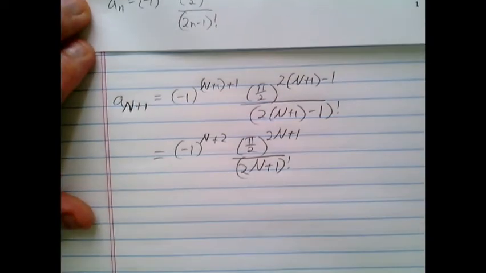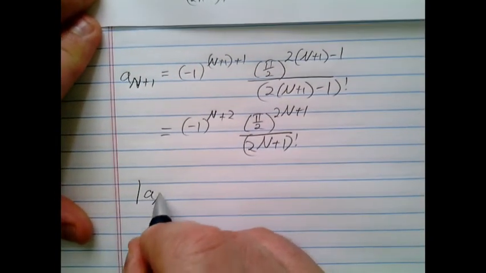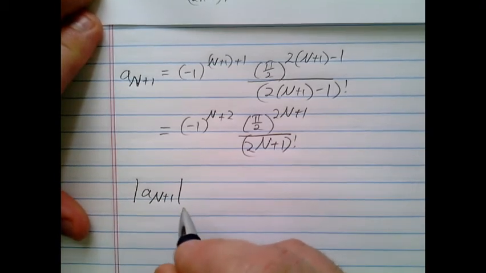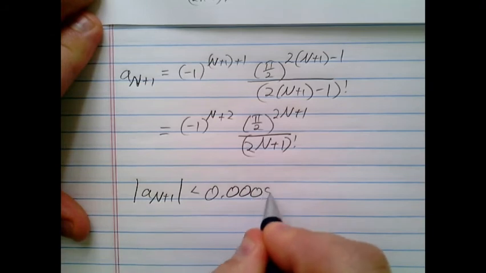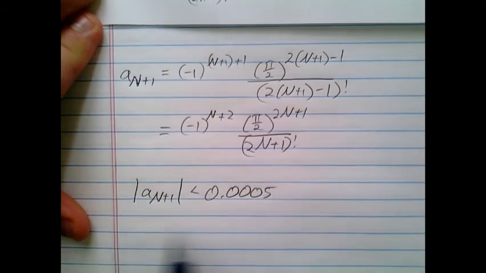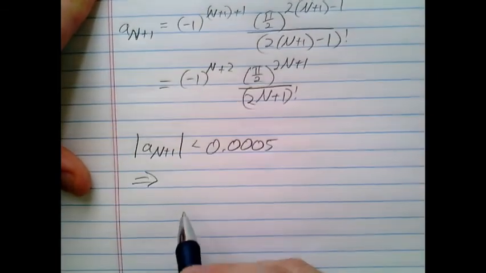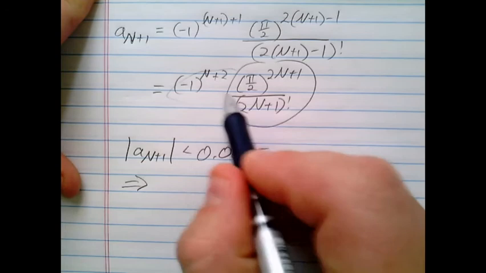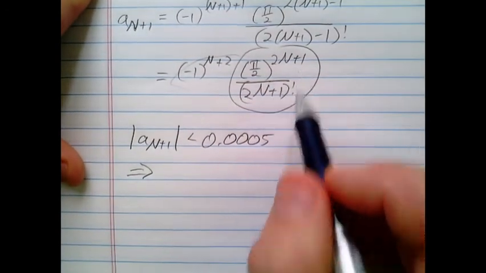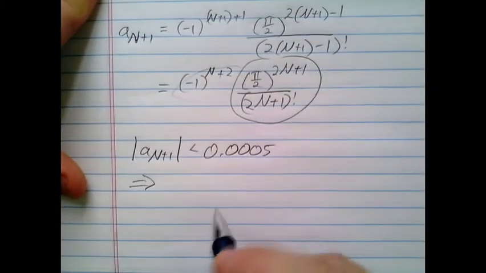All right, so if we need the absolute value of the n plus 1 term to be less than 0.0005, then that implies that we need basically this, because the absolute value would squash that. We need this to be less than 0.0005.